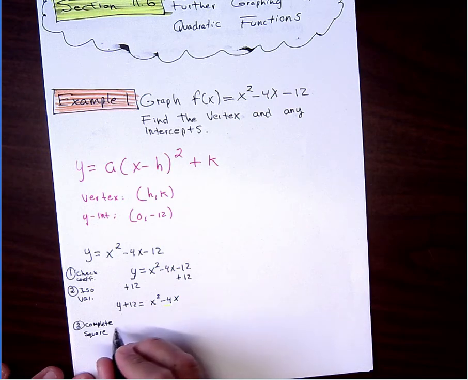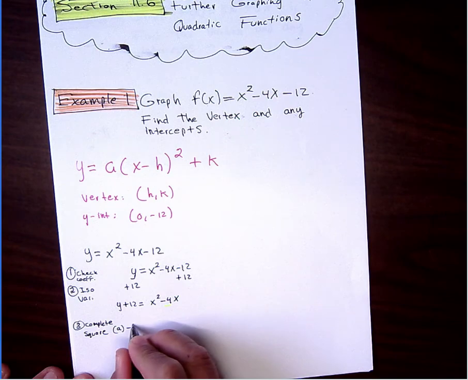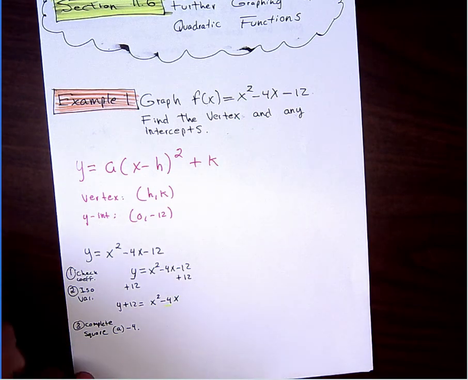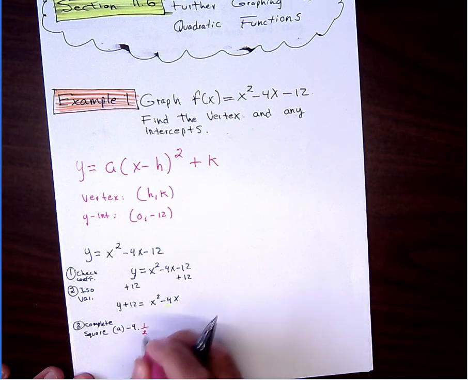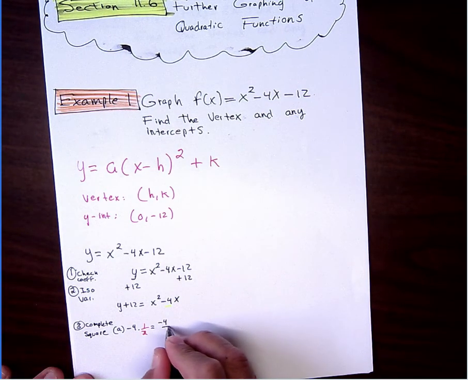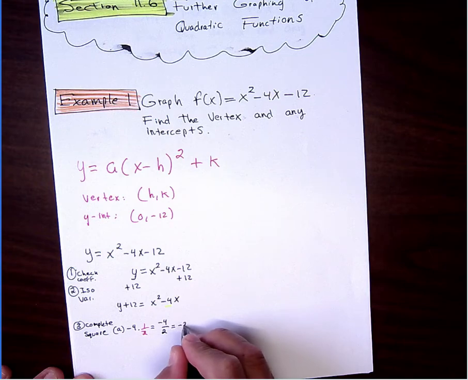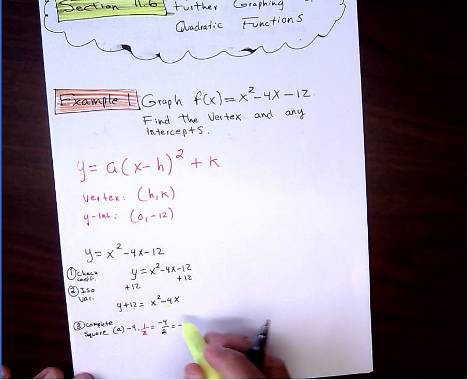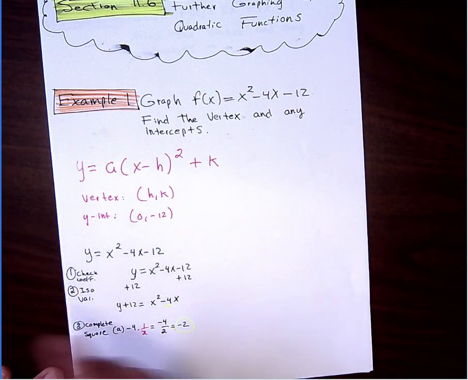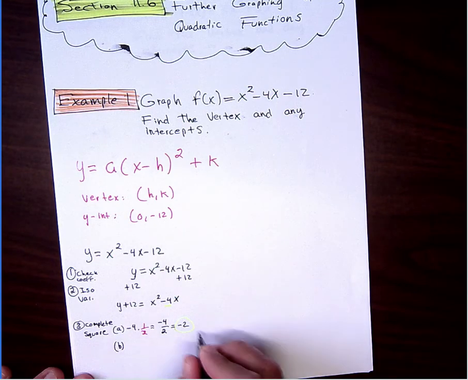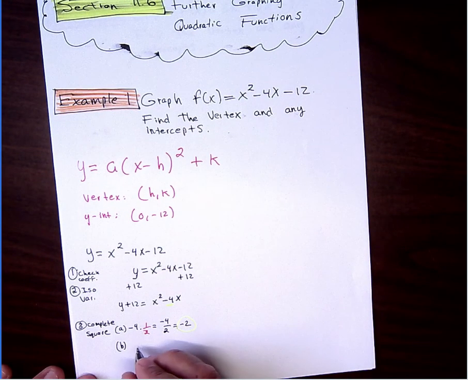So it has two steps. Step A: negative 4 times 1/2 is equal to negative 4 over 2, which is negative 2. The B would be to grab that and then square it.